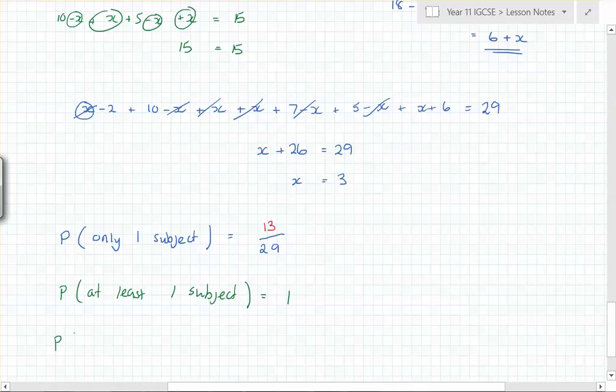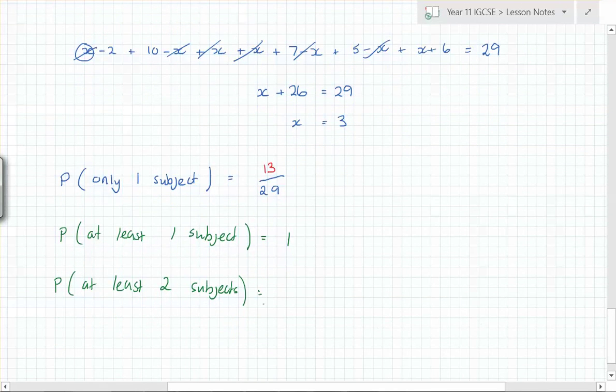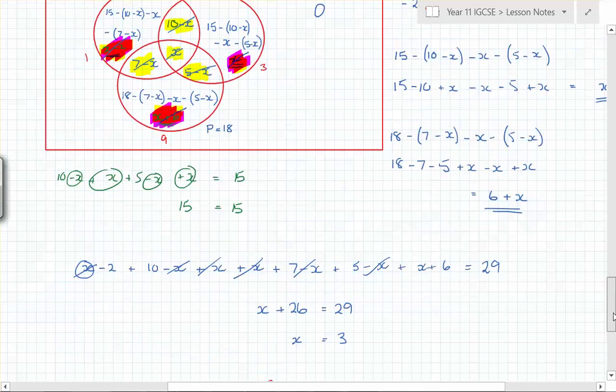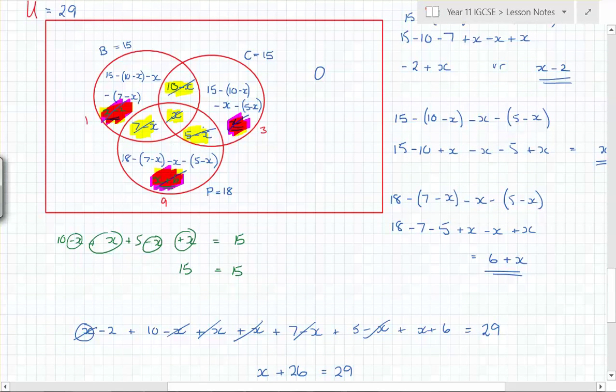If I said, what was the probability of at least 2 subjects being studied, what would you tell me? Yeah. 16 out of. And how did you do that? I added like in between circles, I added numbers like the yellow ones. So here, here, here, and here, yeah? Yeah. You added those. That is a fine way to do it.